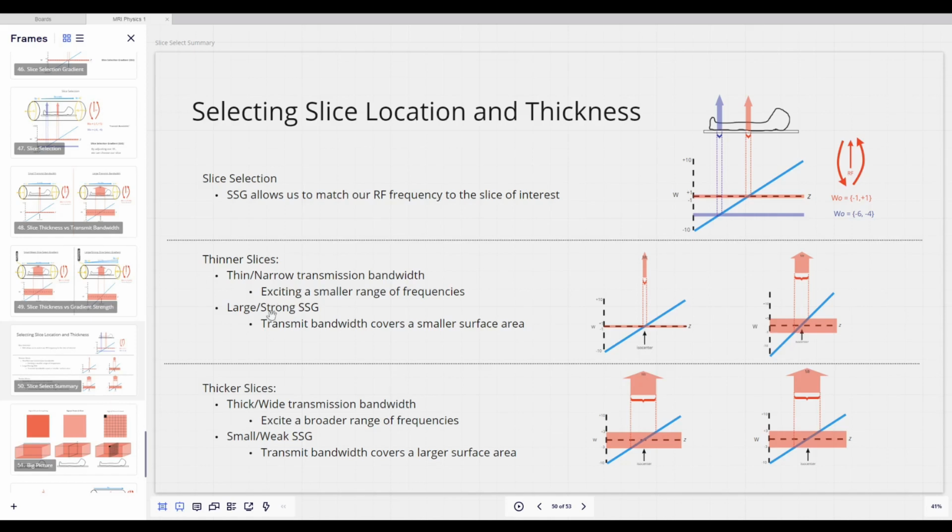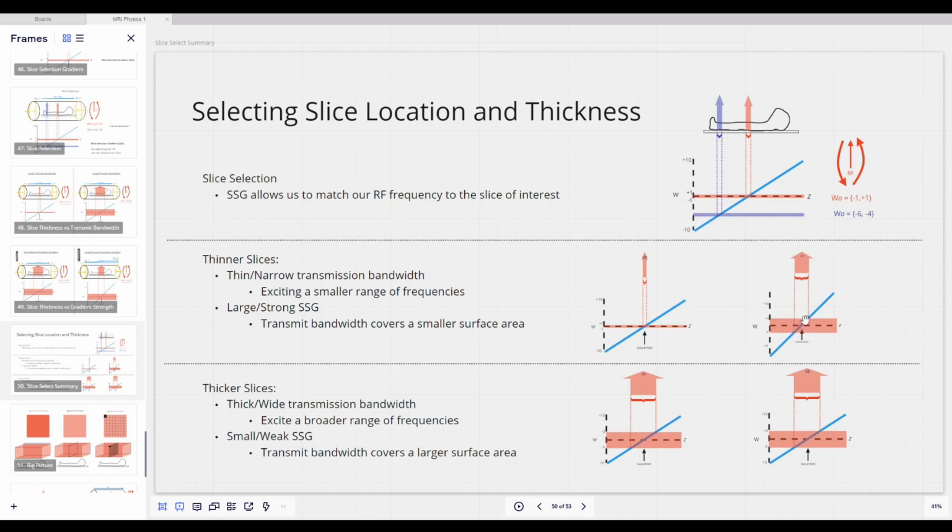The other way we can get thinner slices is with a stronger gradient, right? So, between here and here, strong gradient, weaker gradient, same transmit bandwidth, -3 to +3 in both cases. But because we're covering more ground with this gradient, our slice is smaller.